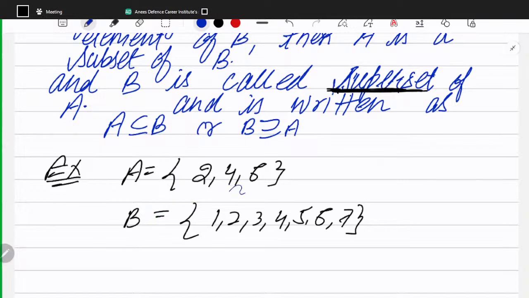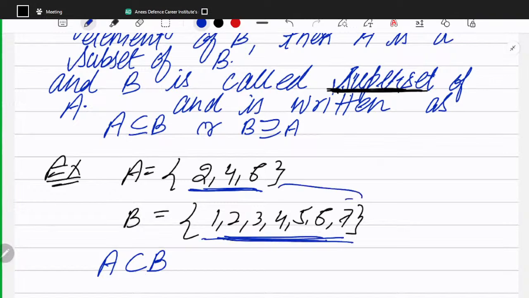Because each and every element of set A lies in B, that means A is the subset of B and B is the superset of A.